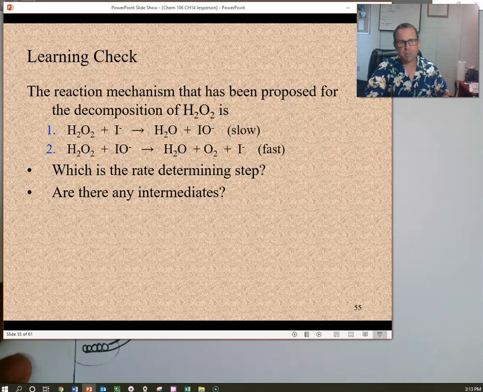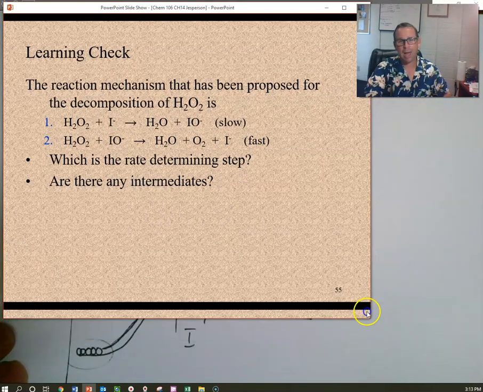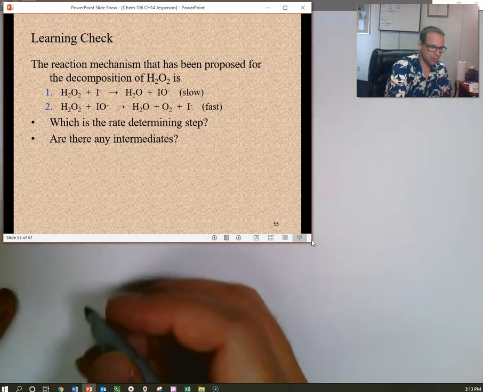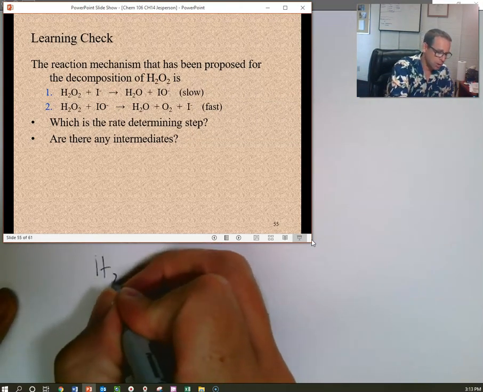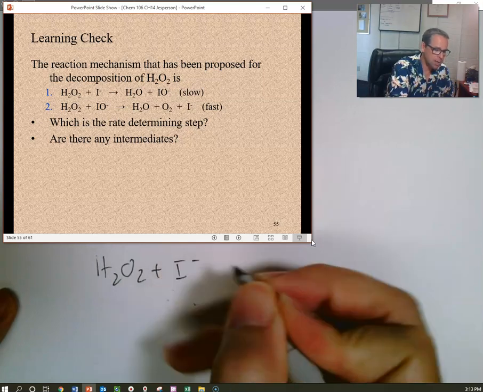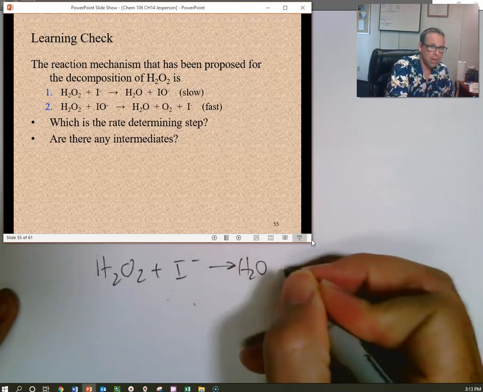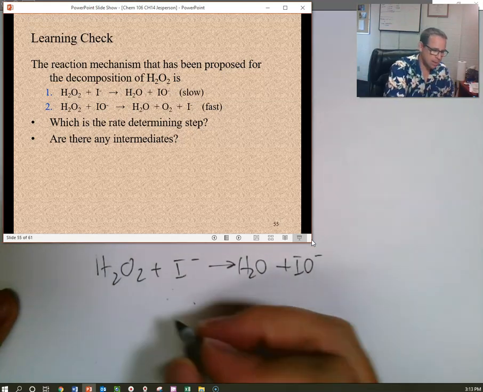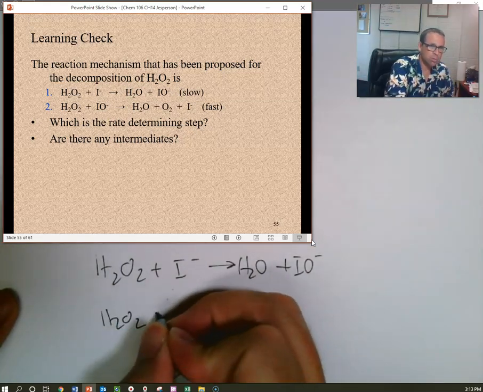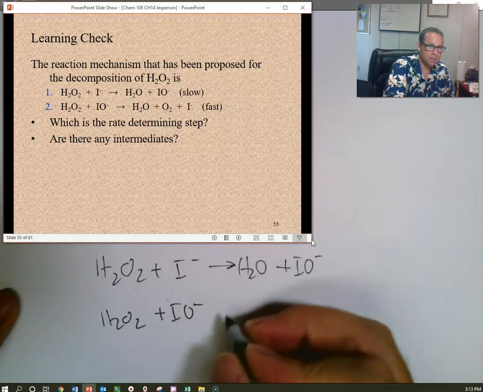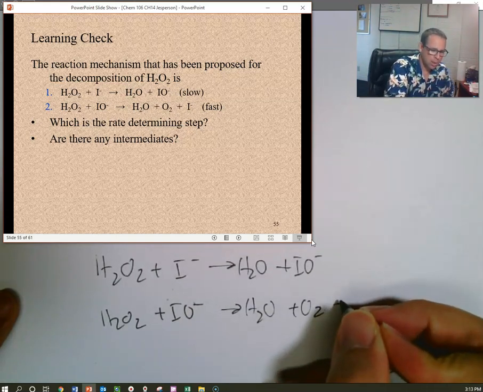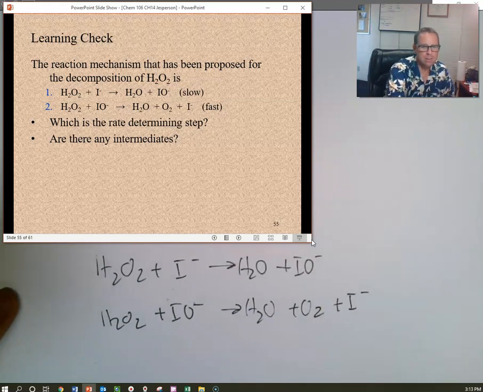Now, the steps of the chemical reaction should add up to be the overall chemical reaction. So if I take this first step here, I'm going to write it down for us. H2O2 plus the iodide ion, forming water and IO minus. And I add it to the second step, H2O2 combining with IO minus, forming water and O2 and I minus.